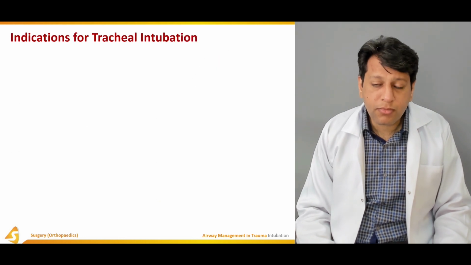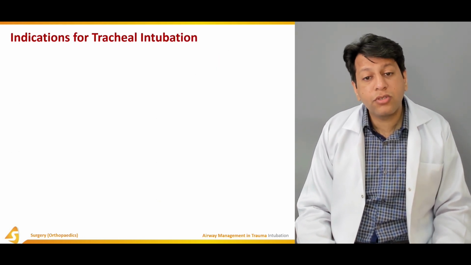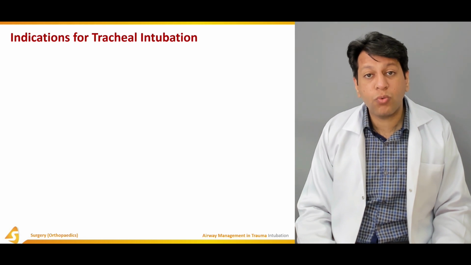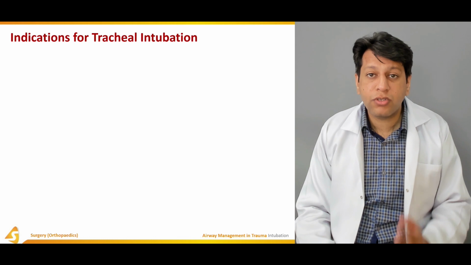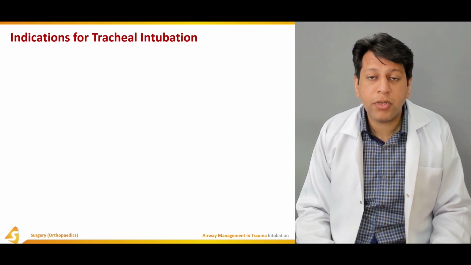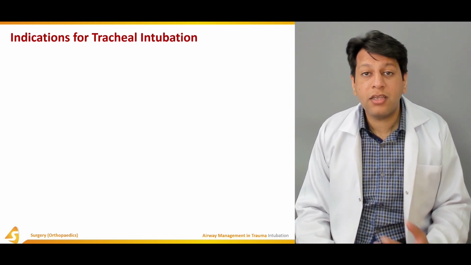passed. Coming to what are the indications of tracheal intubation, that is, what are the indications of securing airway. The first and foremost is where you're suspecting that probably the patient cannot maintain his or her airway.